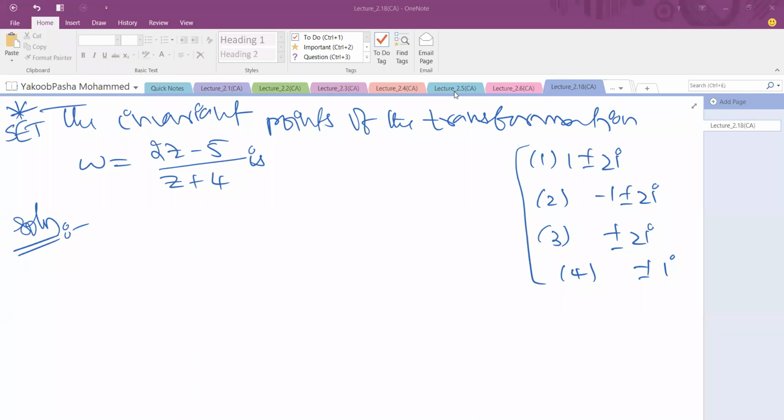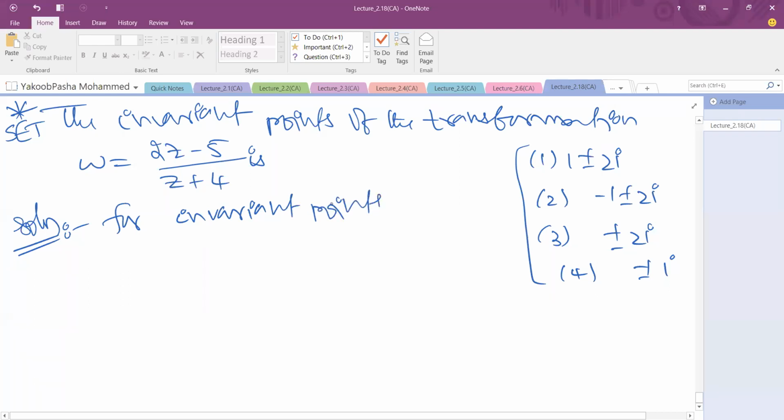Okay, we'll see the problem. First, for invariant points, in bracket, I am writing fixed points, both are same. We have to equate w is equal to z. It is 2z minus 5 divided by z plus 4.